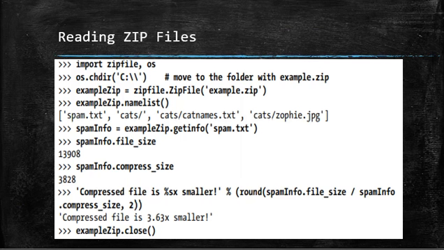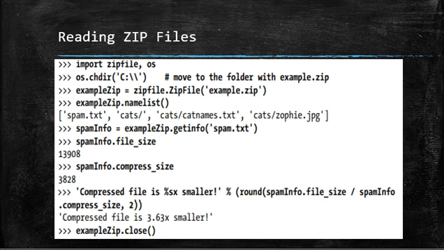We have the next part here, which comes under compressing only, that is reading a zip file. So you want to read a zip file. To read the contents of the zip file, first we must create a zip file object.